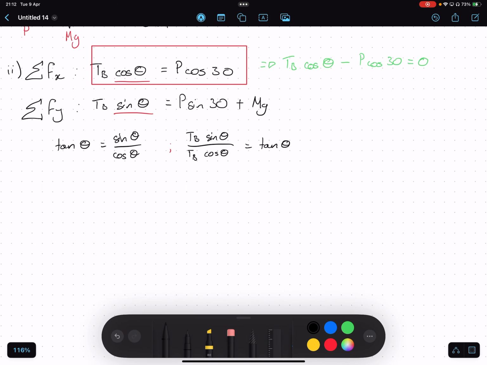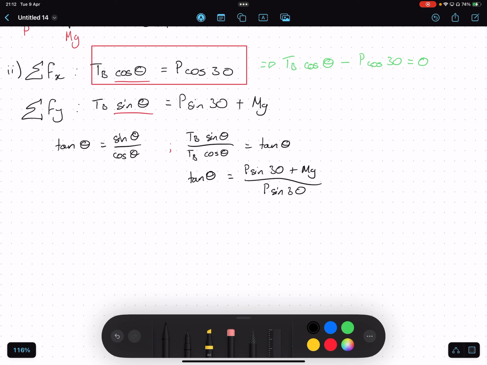So through a further bit of rearranging, we can say that tan theta is going to be equal to P sine 30 plus mg divided by P cos 30.